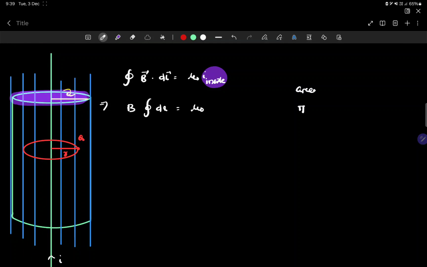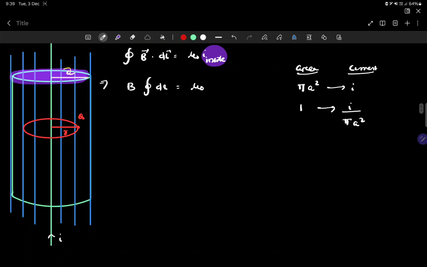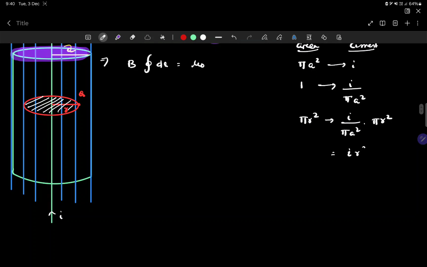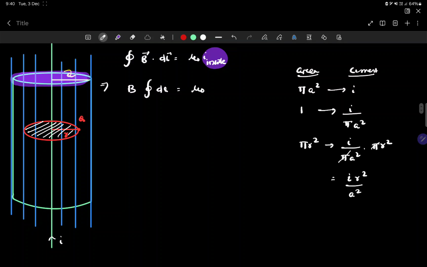So in area pi a square, the amount of current available is I. So through unit area, the current is I by pi a square. The area of this Amperian loop is pi r square, so through pi r square area, the current will be I by pi a square into pi r square. If you solve, it will be I r square by a square. So this is the value of I inside.